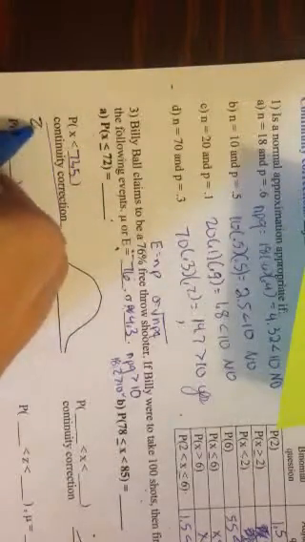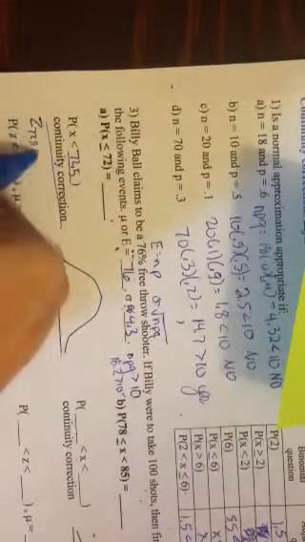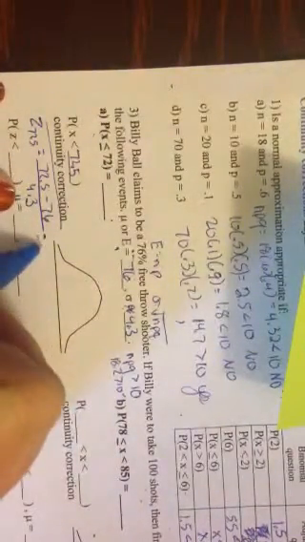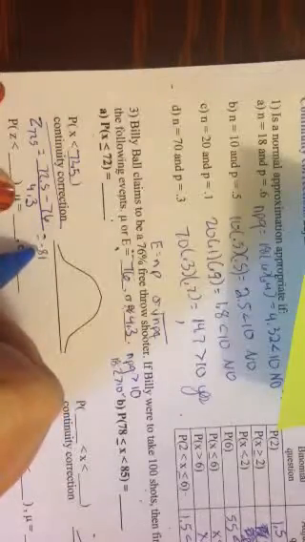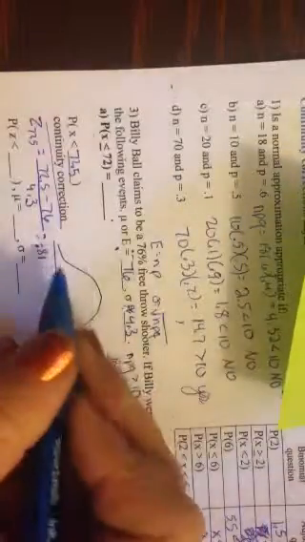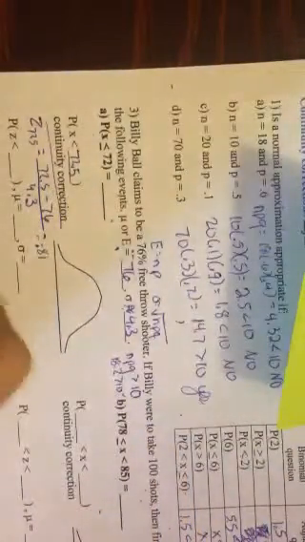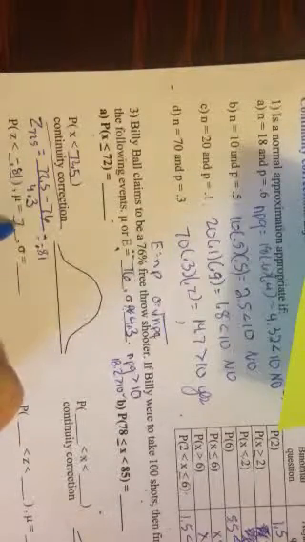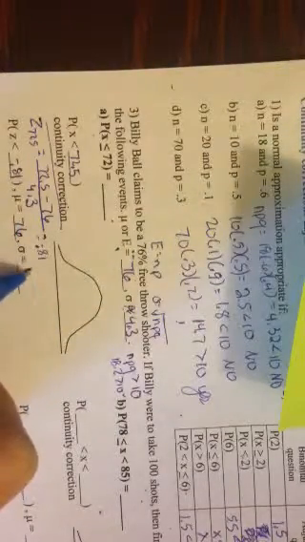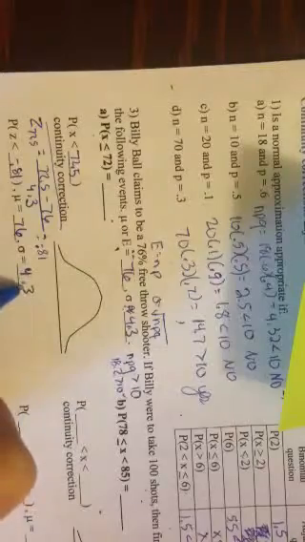Then we find the z-score of 72.5, which is the data minus the mean divided by the standard deviation, which gives us negative 0.81. Our mean is 76 and our standard deviation is 4.3.